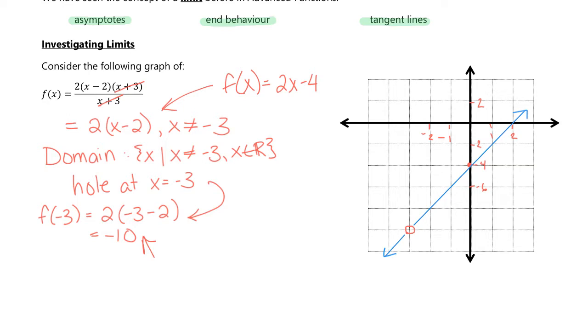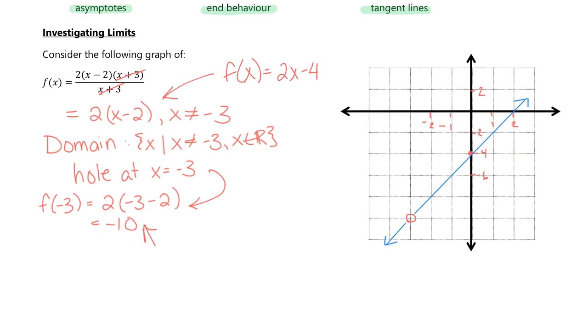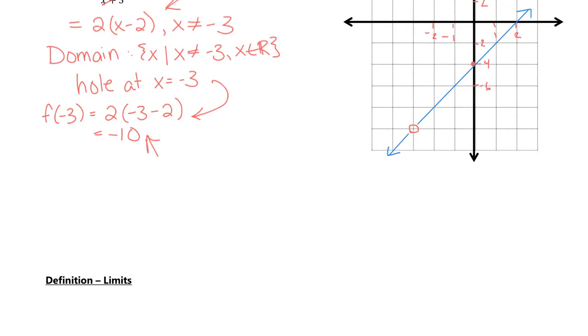Now we're going to talk about what a limit is. In advanced functions, MHF 4U0, we had notation when we talked about end behaviors and behavior next to asymptotes.